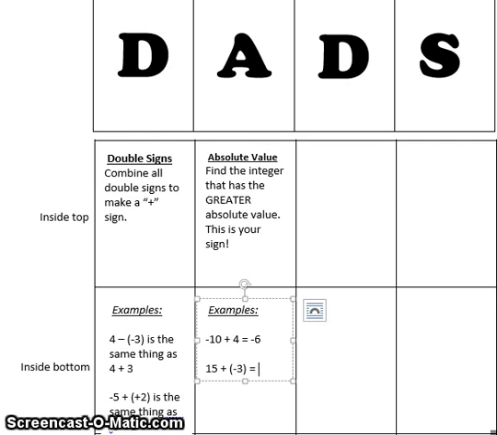When we have a positive 15 and a negative 3 and we combine them, what we have left is a positive 12. All right, so far we have the first D and the A of DADS done. Now we need to figure out what the second D is, and that's what we do if we are combining integers that have different signs.